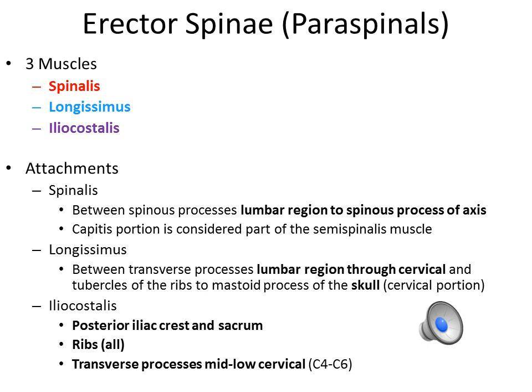Also, when you're studying the erector spinae muscles, the spinalis muscles lie more medial to longissimus, and longissimus lies more medial to iliocostalis. So when you're moving from the midline of the body outward, you will see spinalis first, longissimus more lateral, and lateral to that, iliocostalis.